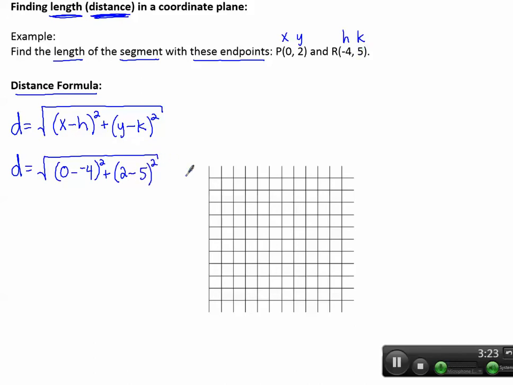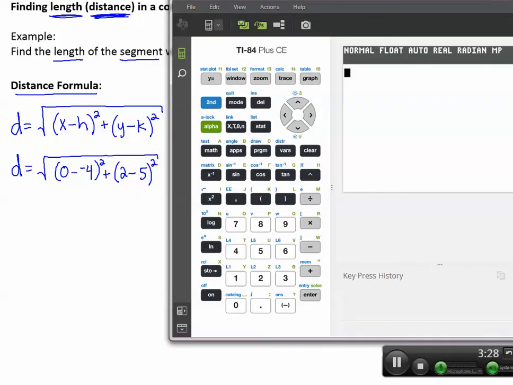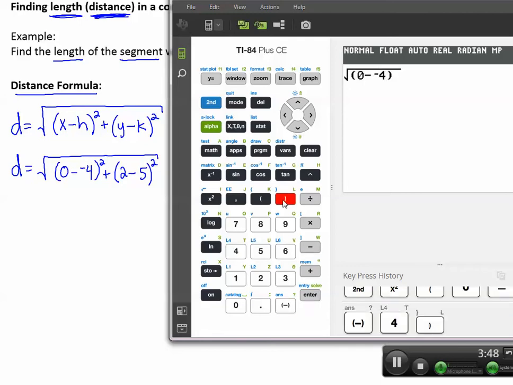squared. Now, if we're going to use a calculator, we can type it in right away. In our calculator, I'm going to start by typing the square root. Second, square root, parentheses, I'm going to type it exactly like it says. 0 minus, now I need the negative button, that's down here, 4, close parentheses, and type squared, plus, open parentheses, 2 minus 5, close parentheses, squared.